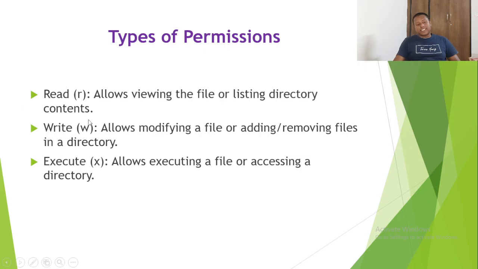The next thing is W. W means write, allowing modifying a file or adding and removing files in a directory. It will allow you to modify, add or delete files. We can do anything if we have this write permission.